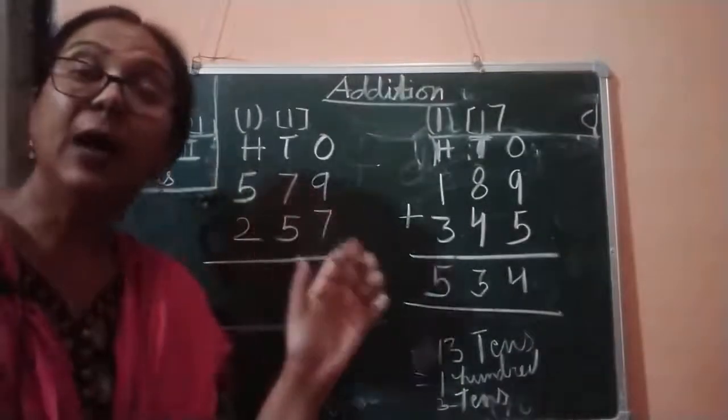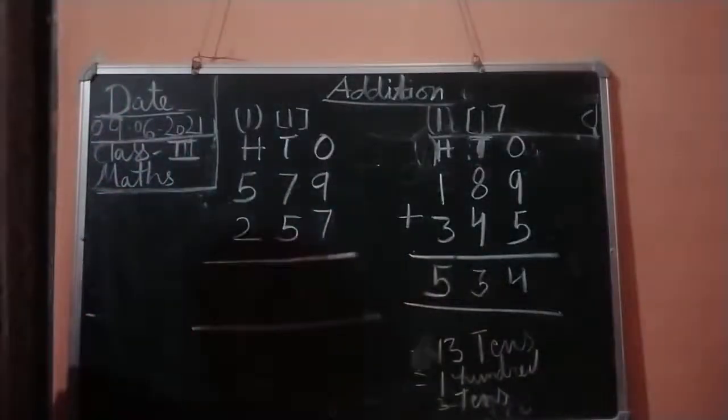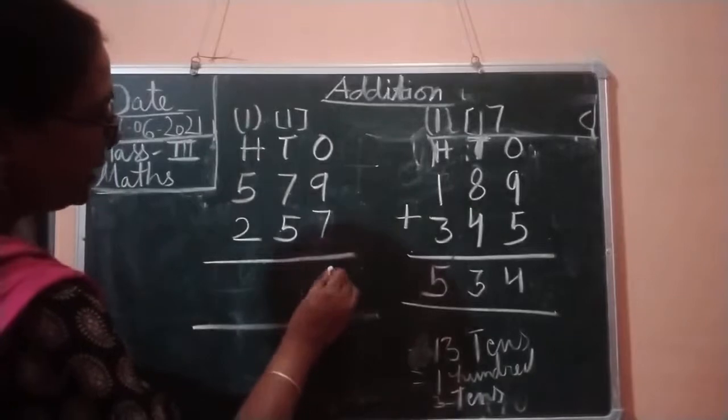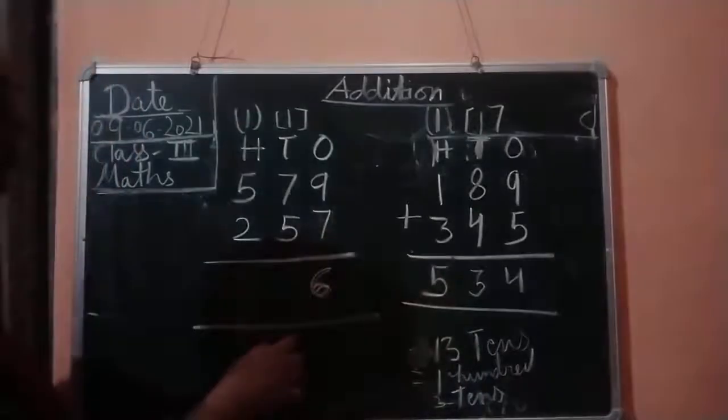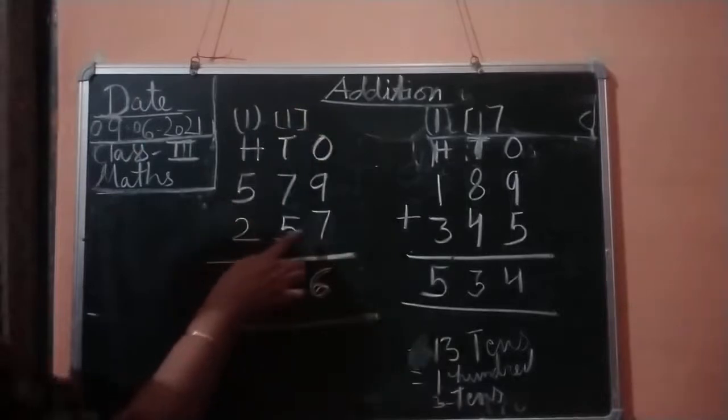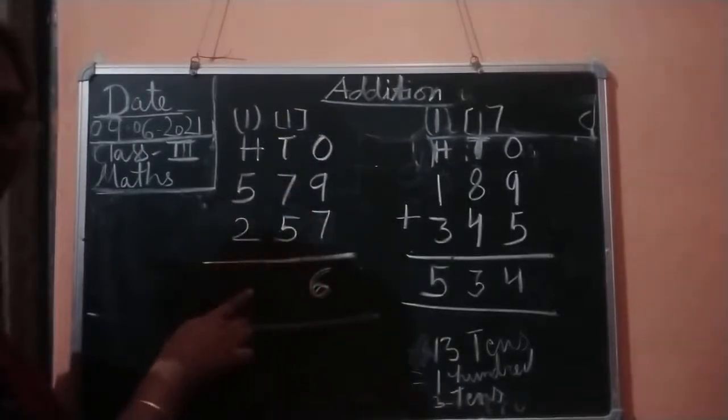Okay, the answer is 16. So now we will write 16: the 6 we will place over here because this is 6 ones, and 1 will be carried, because this is 1 ten.